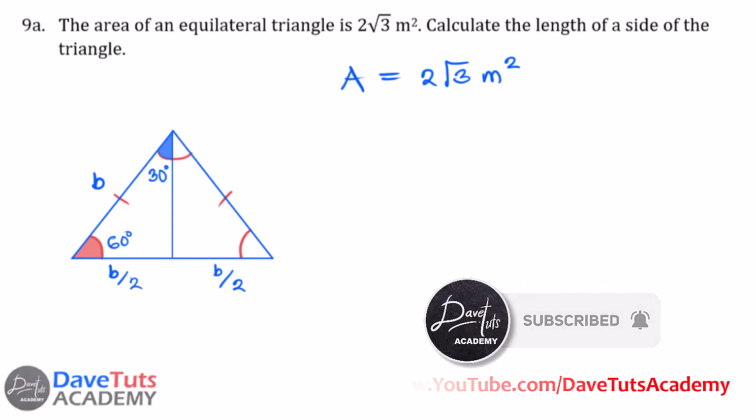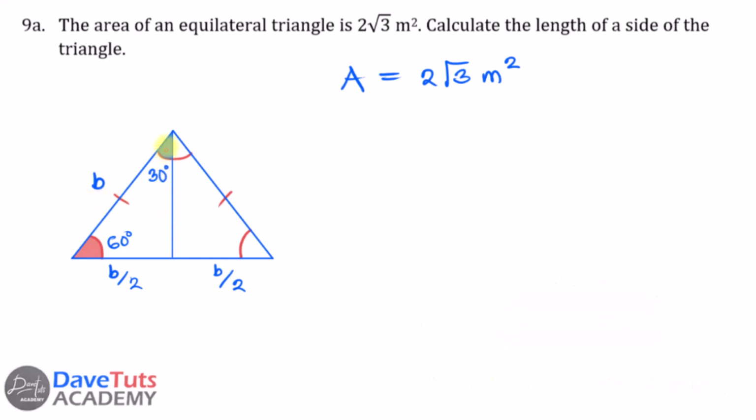Okay, now if I tag this particular vertical line as h, I know that doing all this will also warrant that the area of this side of the triangle, this right angle triangle, will be half of this.